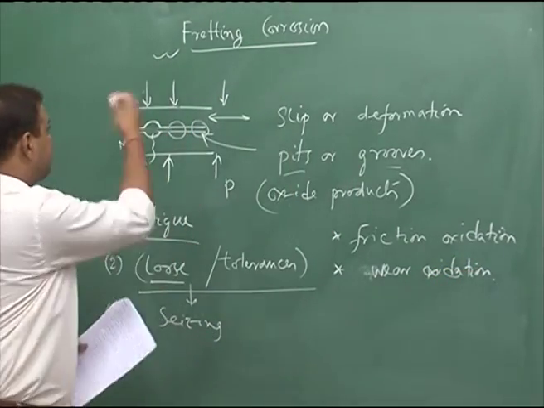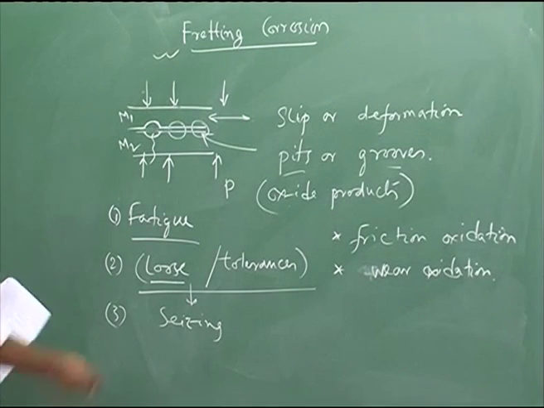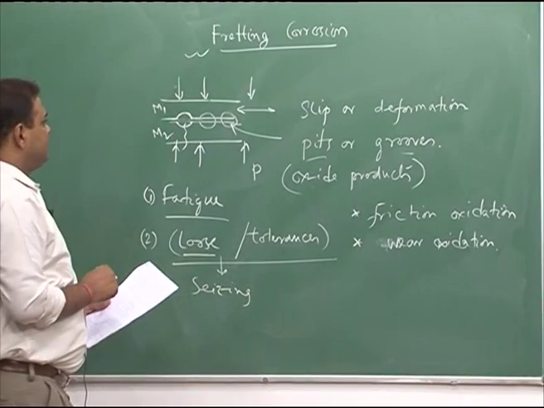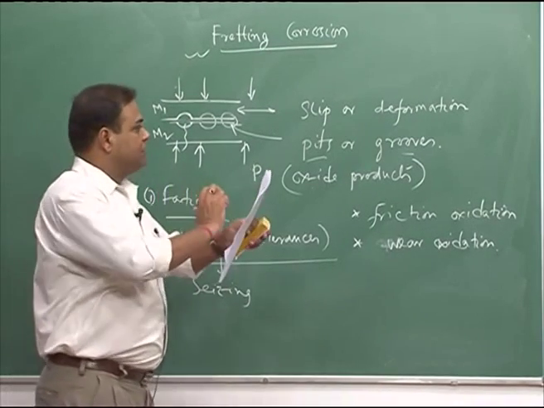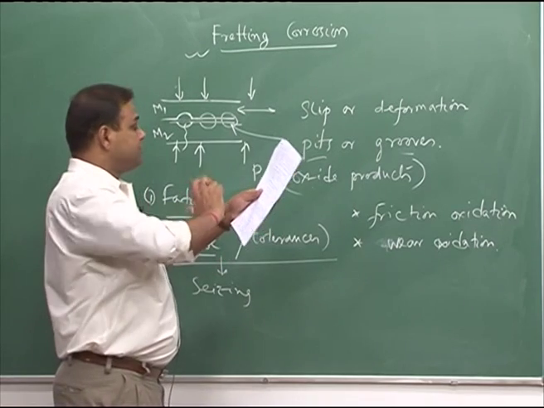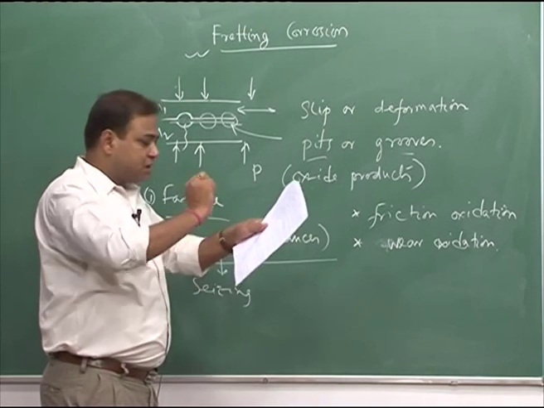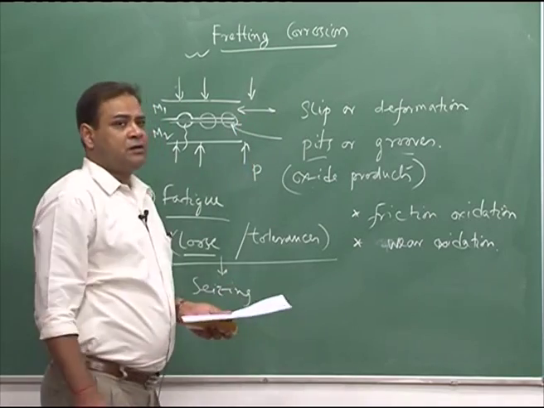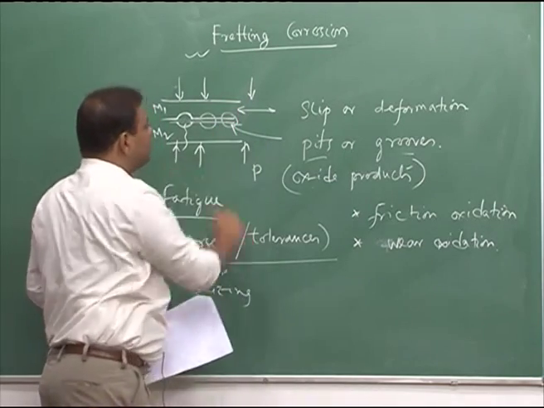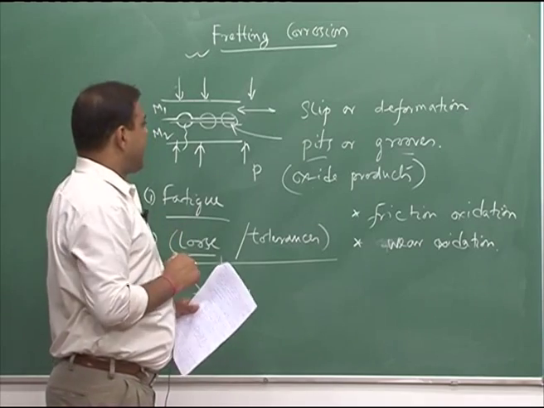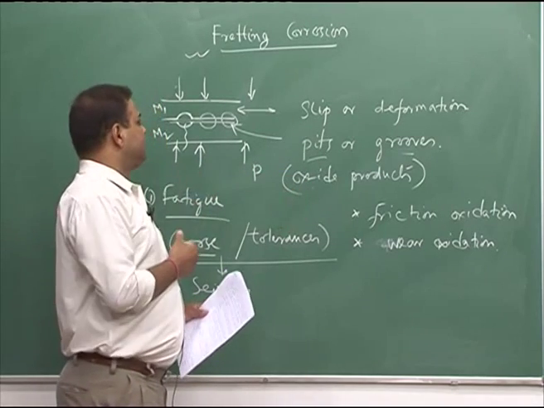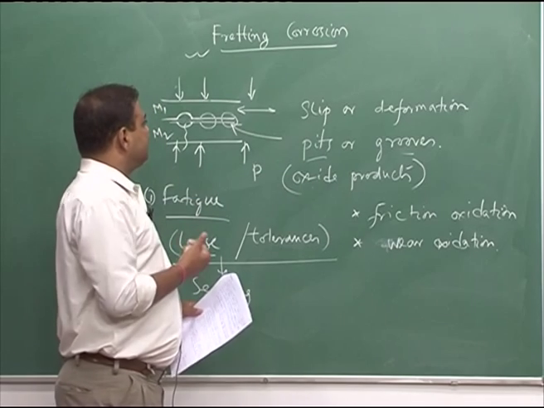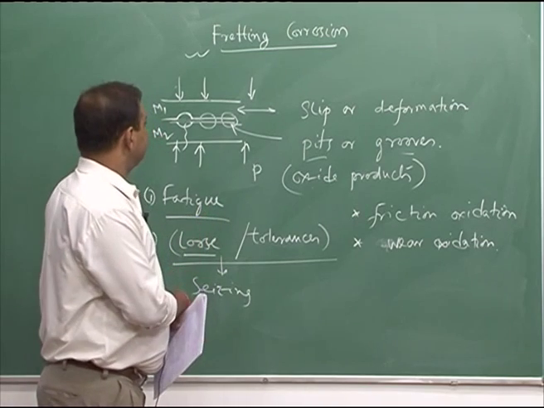So, these are different names of fretting corrosion, and these are the consequences. Now, where could this happen? This could happen whenever we have two metallic surfaces under pressure with a relative movement, and this relative movement should be very small. If it is a continuous movement, the problem of fretting would not be that severe.